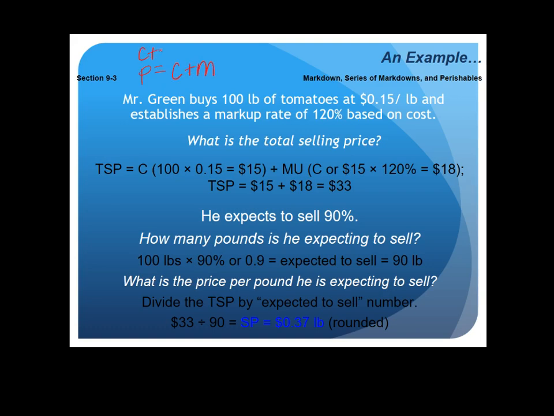It's C plus M equals P. Alright, so he bought 100 pounds at 15 cents a pound. So first I need to figure out how much it cost him. So it's basically 100 times 15 cents, right? Well, that gives us $15. So it cost him $15.